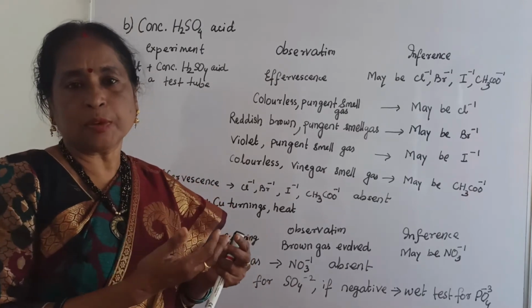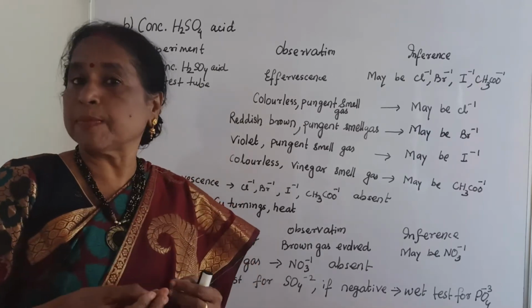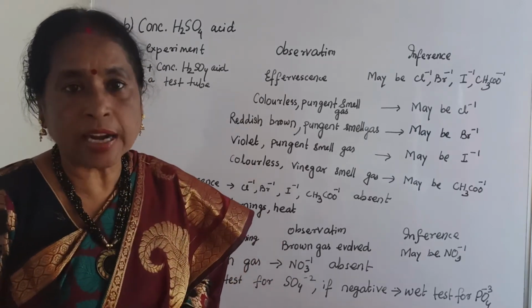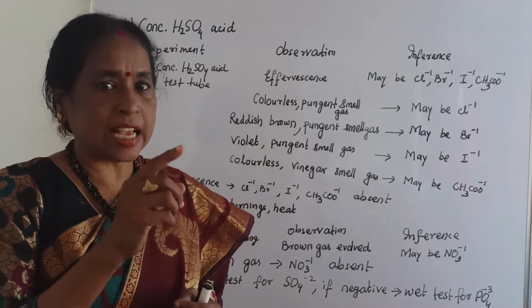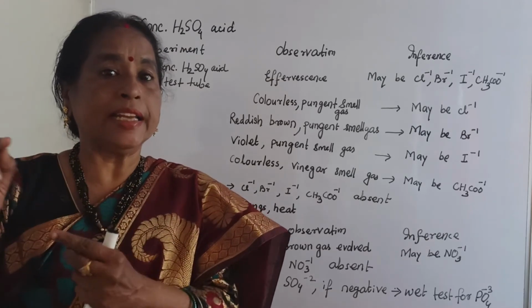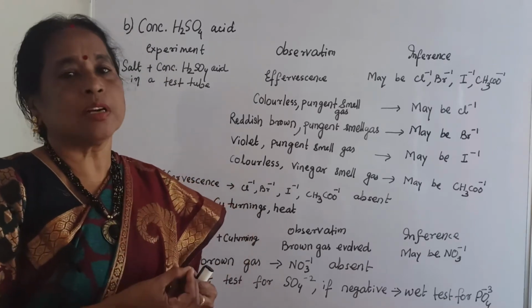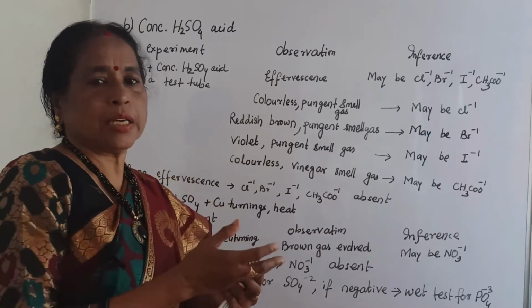If it is carbonate, the gas is colorless and odorless. If it is a rotten egg smell and colorless gas, then S minus 2, that is sulfide. If it is a burning sulfur smell, then it is sulfite, SO3 minus 2. If it is a light brown colored gas, then it may be nitrite, NO2 minus 1.